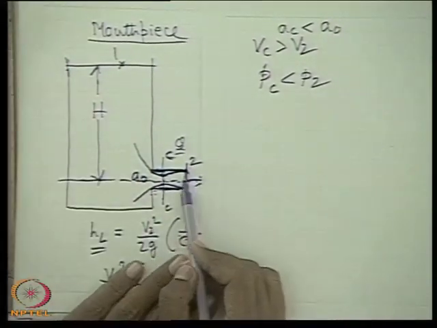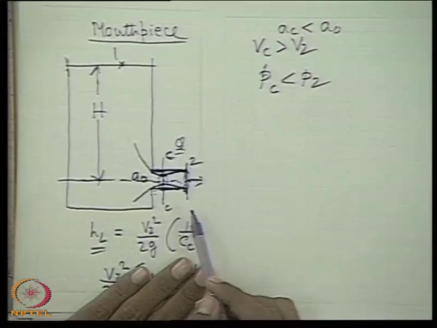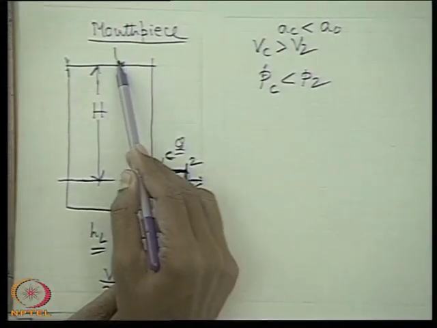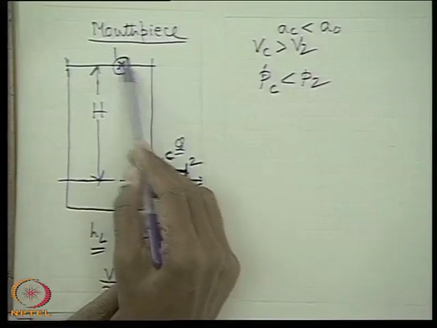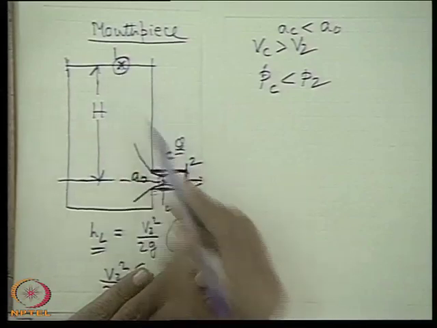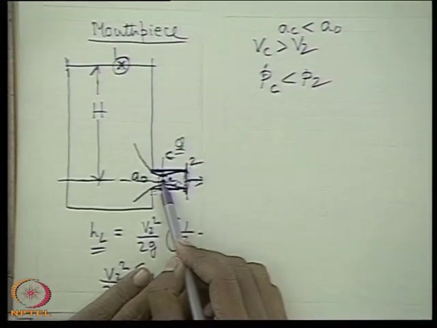So therefore it is proved qualitatively or physically that the pressure at the vena contracta is lower than the atmospheric pressure. We can find this vena contracta pressure by applying Bernoulli's equation either between point 1 and 2, or between point 1 and C, or between point C and 2.